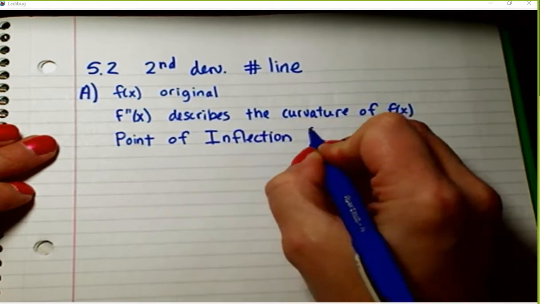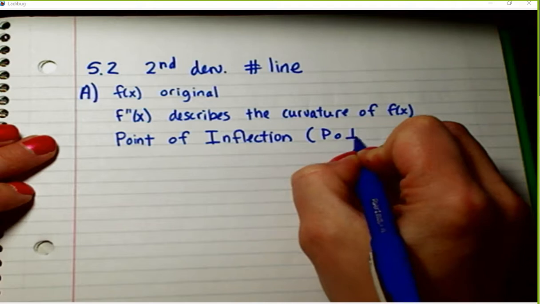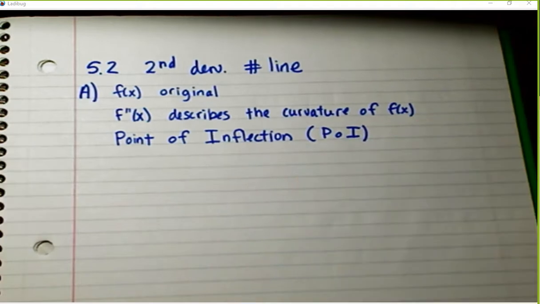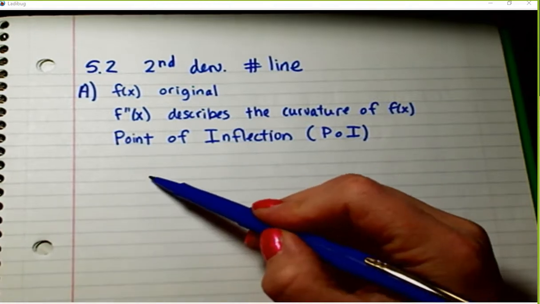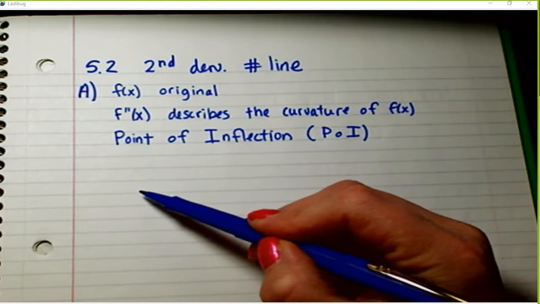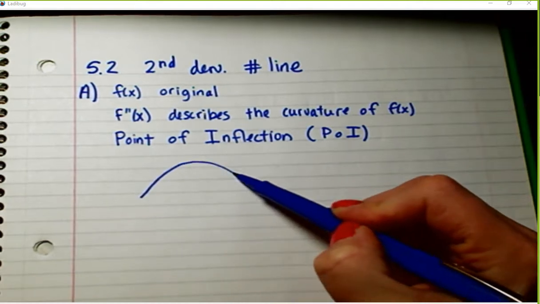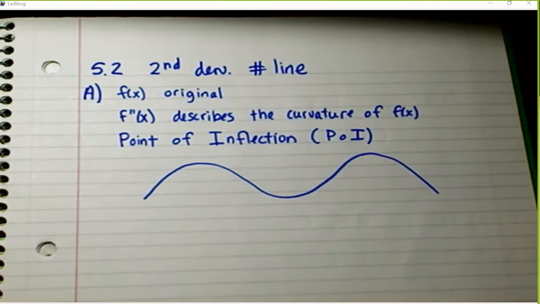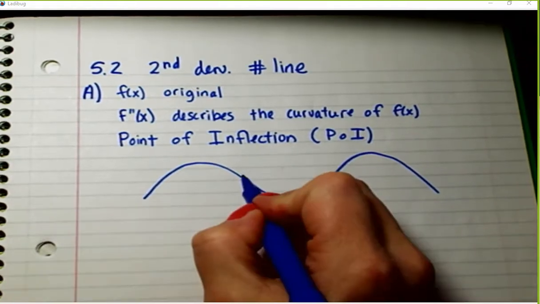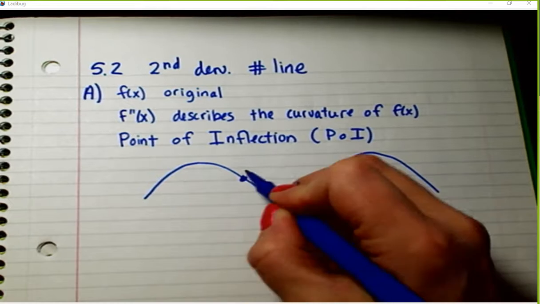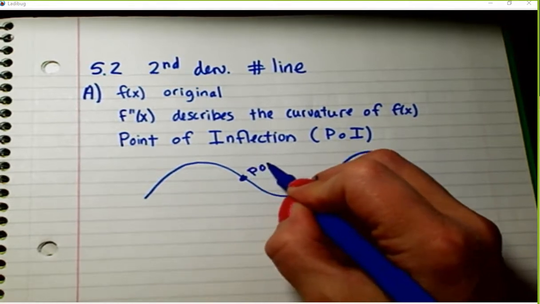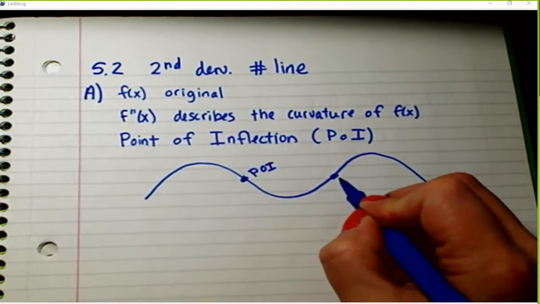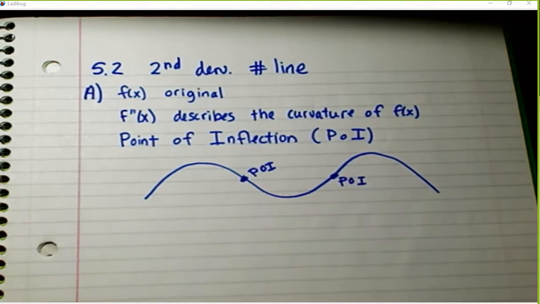Point of inflection. So that's a POI for abbreviation. And that point of inflection, so I'm going to draw a little picture here to help me, because I remember pictures better than I remember sentences sometimes. And I'm just going to put these two dots right here. So this is a point of inflection. This is the point of inflection.